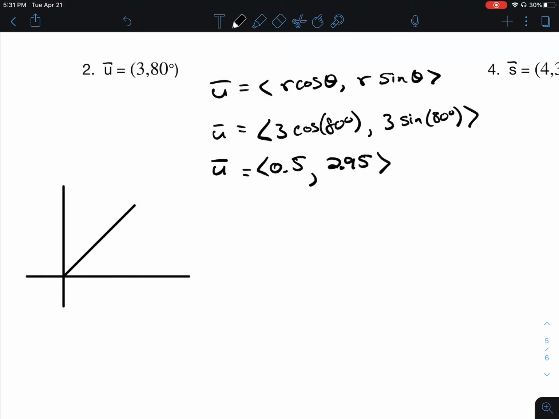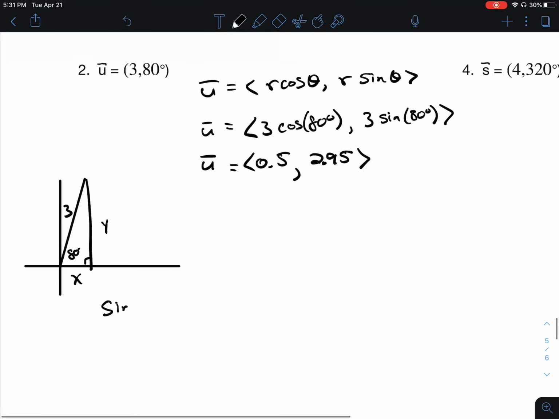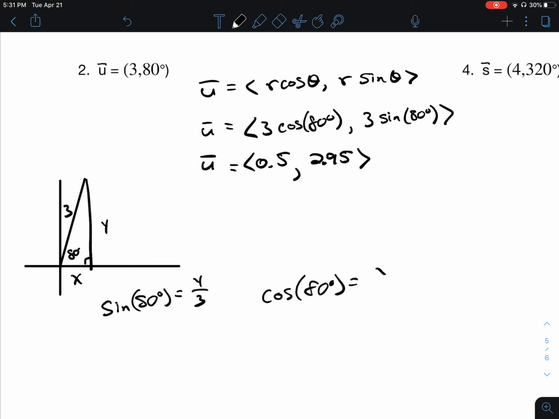Magnitude is 3. The angle is 80 degrees. This is y, this is x. You could say, well, sine of 80 degrees is y over r. Cosine of 80 degrees is x over r. And they're both going to lead you to this right here.